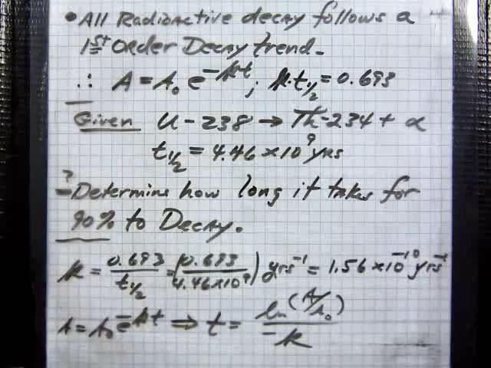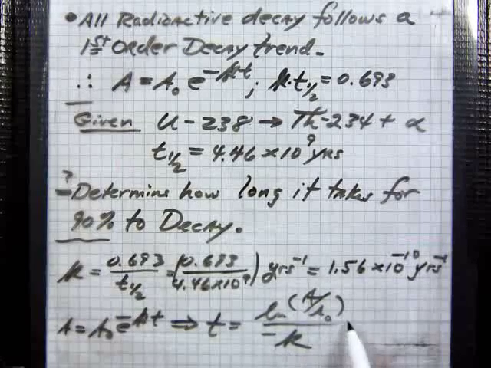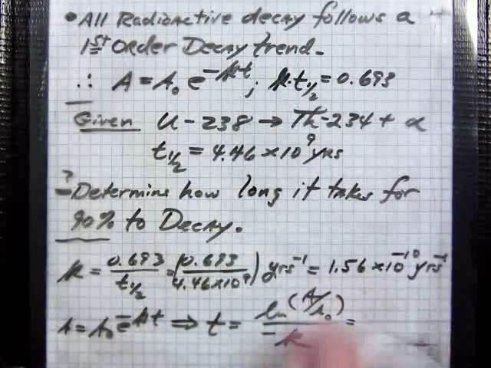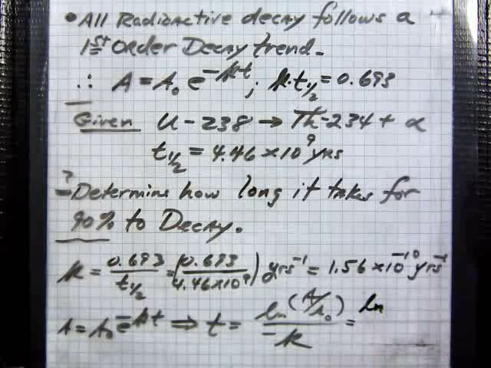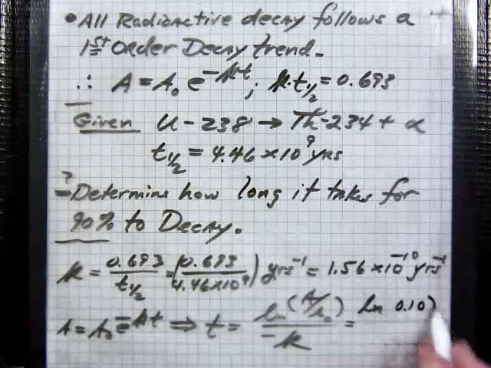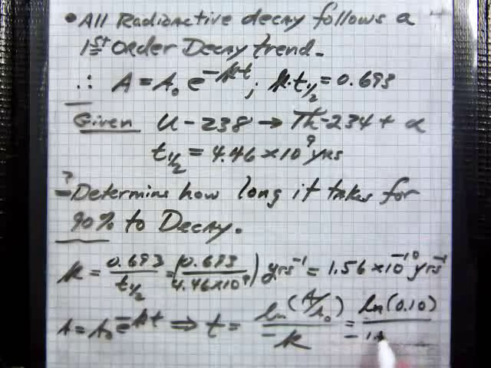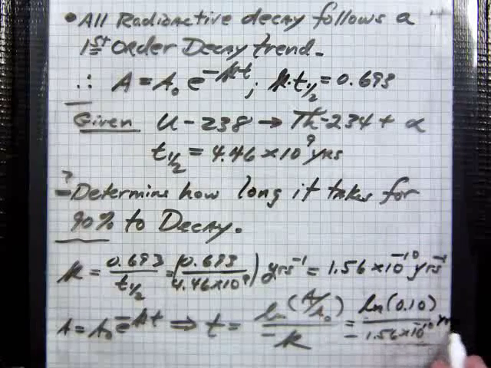So that would be ln of initial over final. ln 0.1 divided by minus 1.56 times 10 to the minus 10, and it'll come out in years.